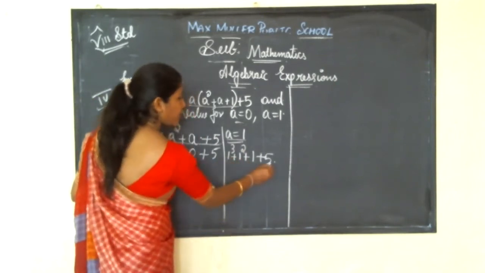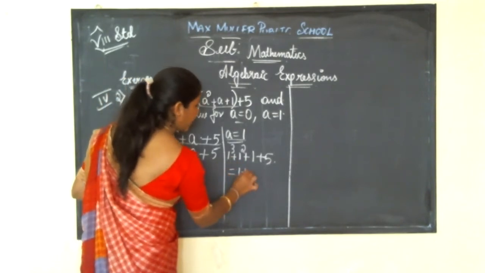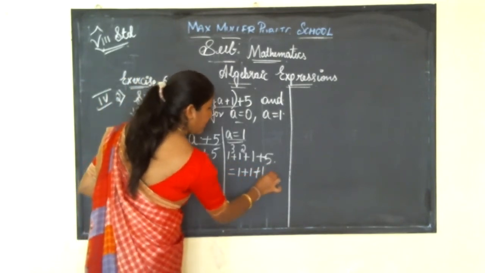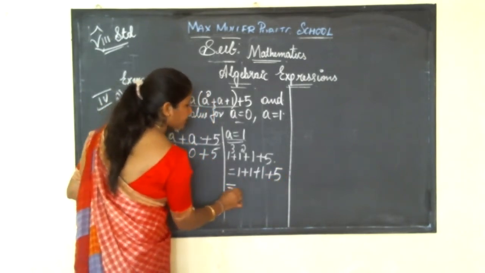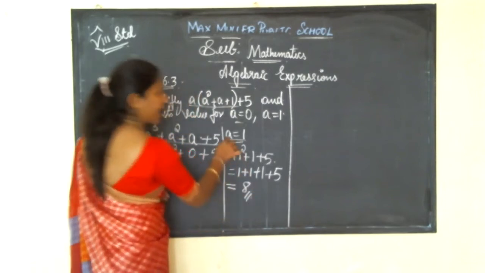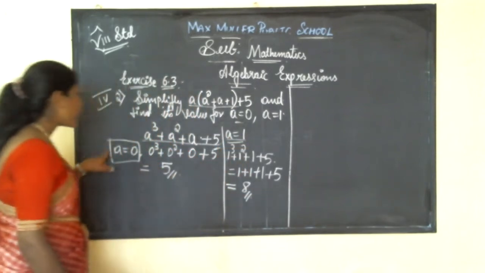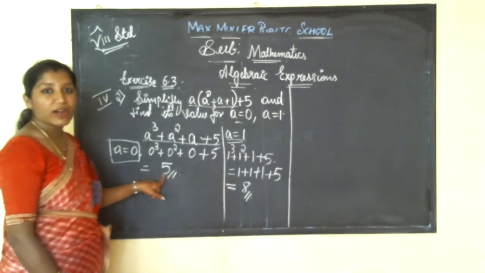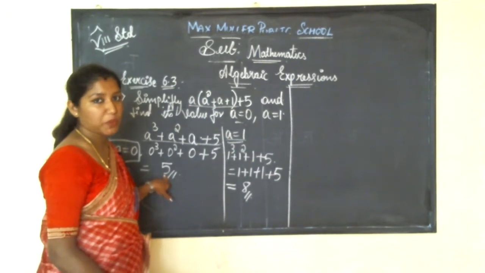Understood? See, 1 plus 1 plus 1 plus 5: 5, 6, 7, 8. So, for a is equal to 1, the answer will be 8. And for a is equal to 0, your answer will be 5. Understood, students, how to do this problem?